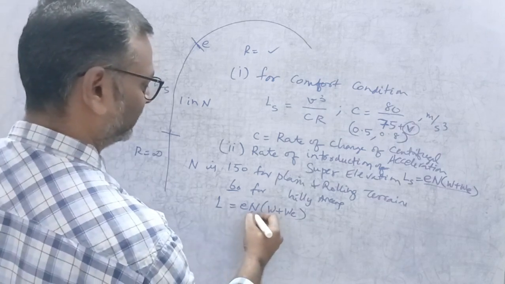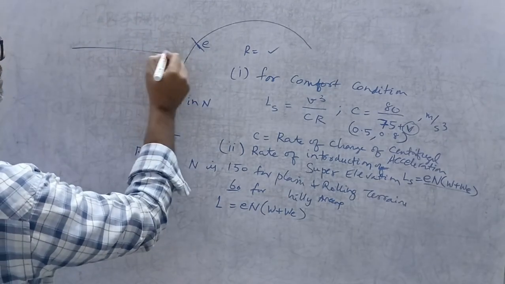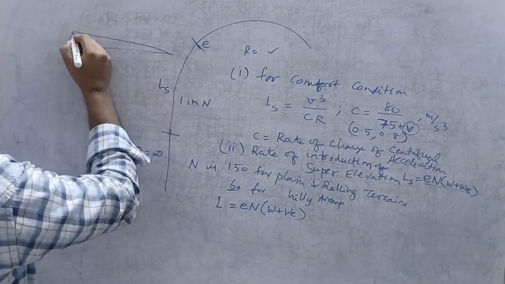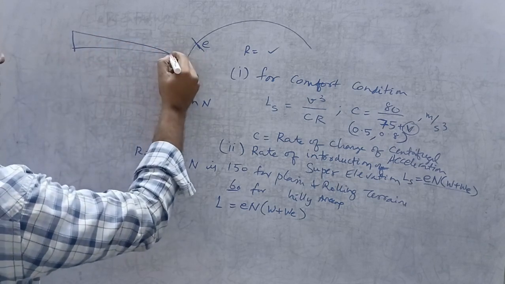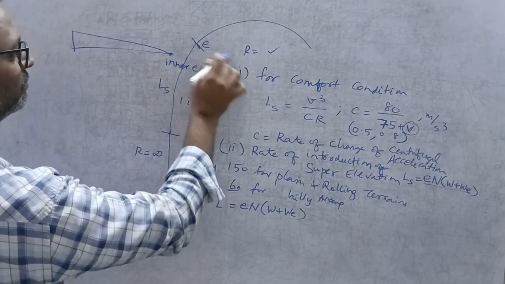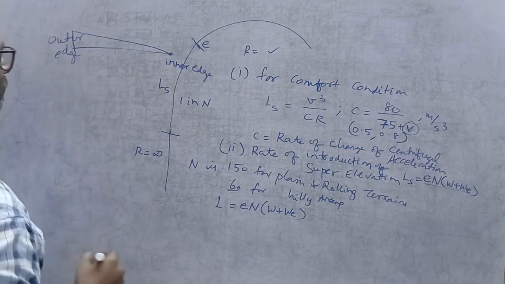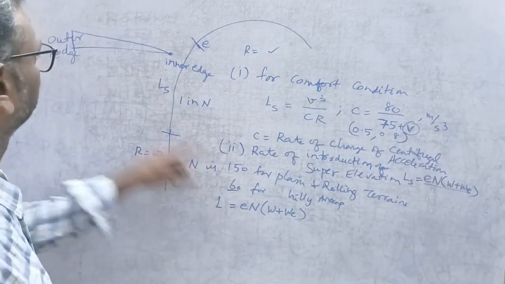Suppose the road is lifted here, with this as the inner edge of the curve and this as the outer edge, then this is the formula.